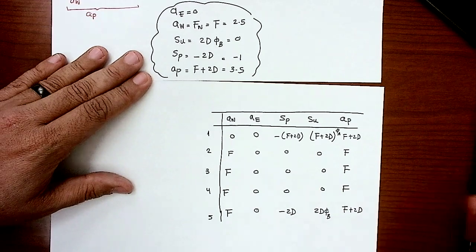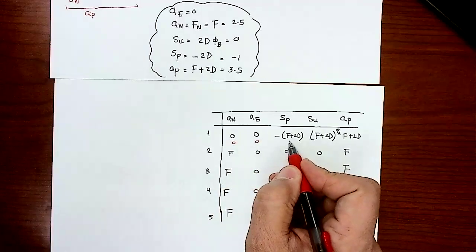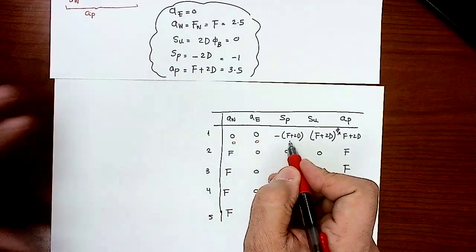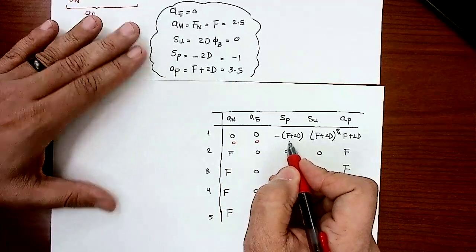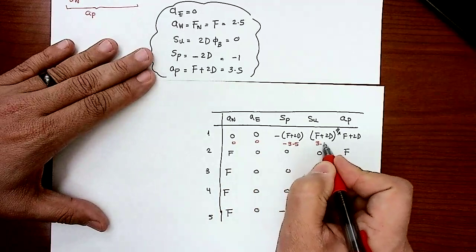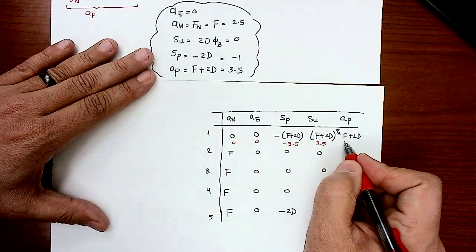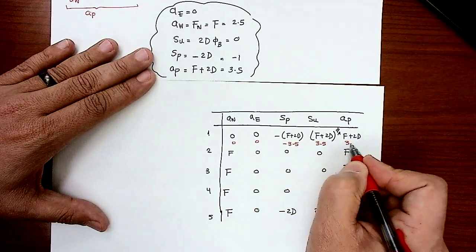I can substitute numerically here, so that's 0, 0. That's minus 3.5. That's 3.5 because phi A is 1, and this is also 3.5.